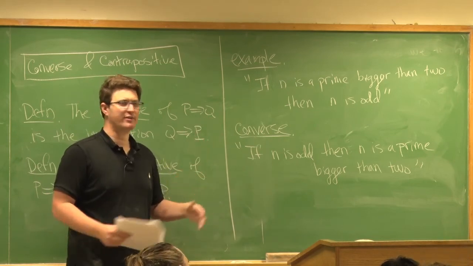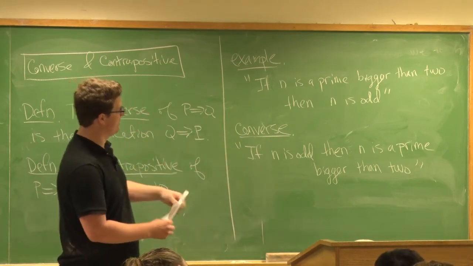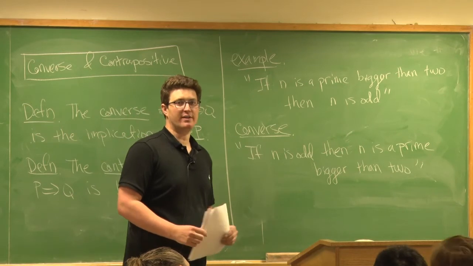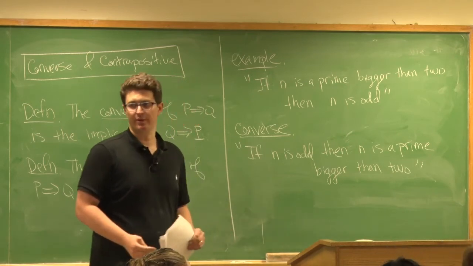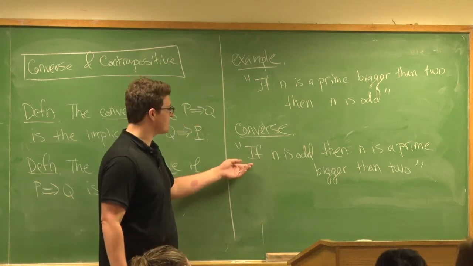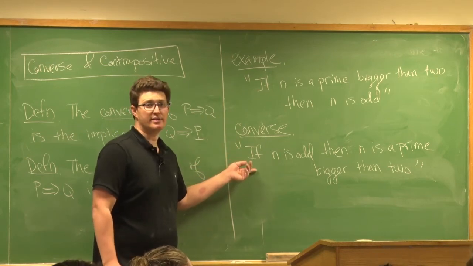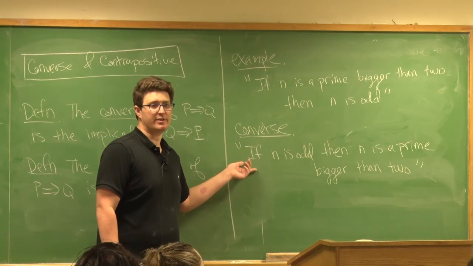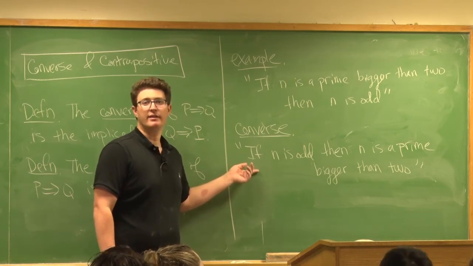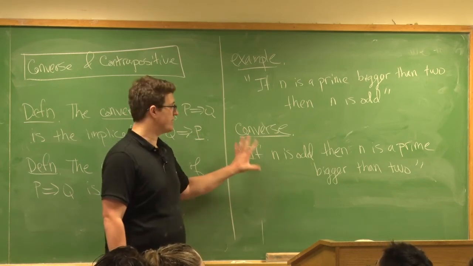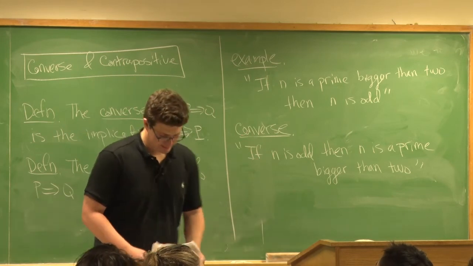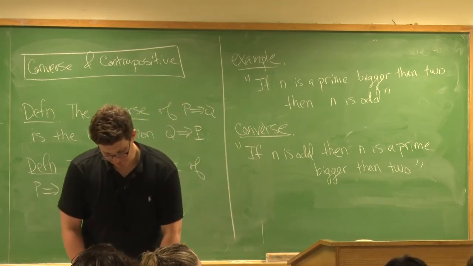We know it in our hearts it's true. It's like 3, 5, 7, 11, and so on, though we didn't prove it. But the converse is false. 9 is an odd number, 9 is 3 times 3, and it's not prime. So that's a counterexample to this statement. That's how we can disprove it, by finding a counterexample.